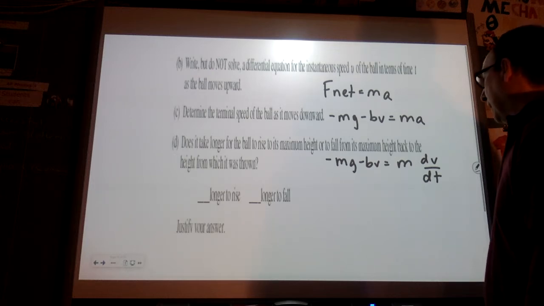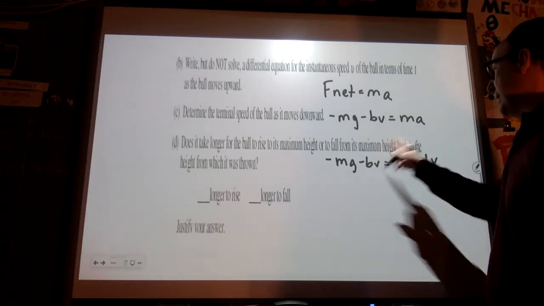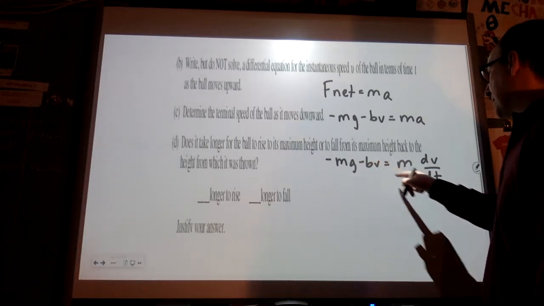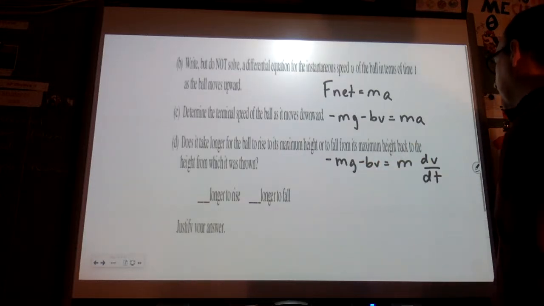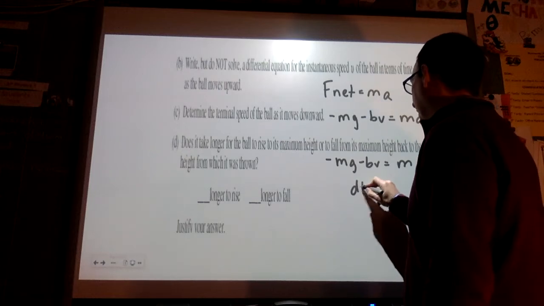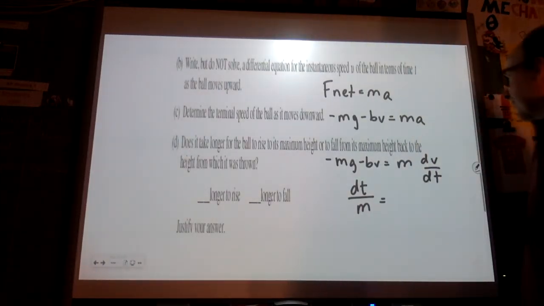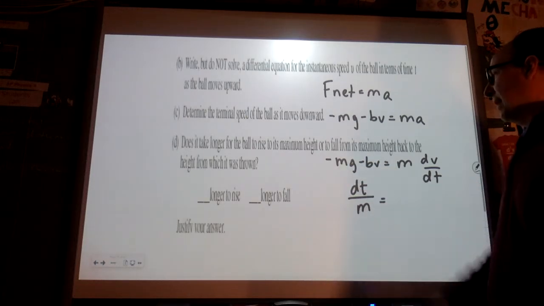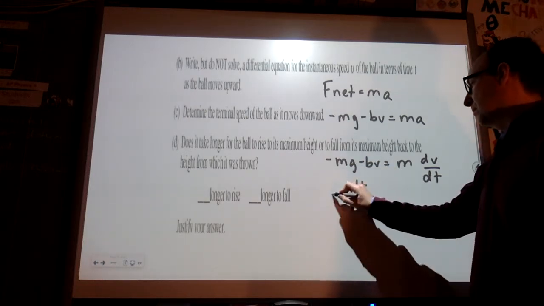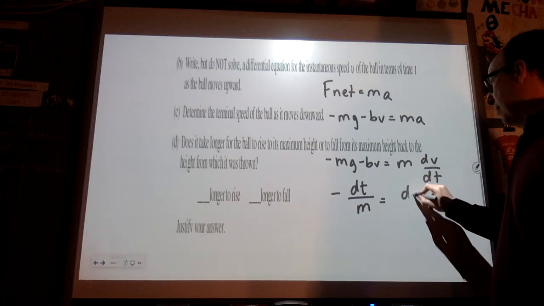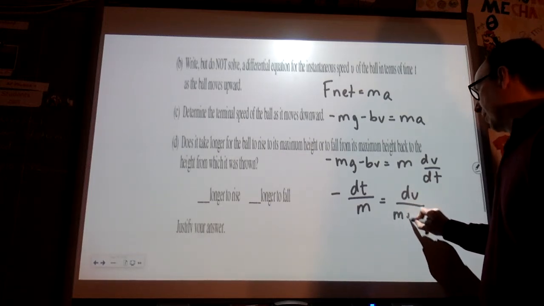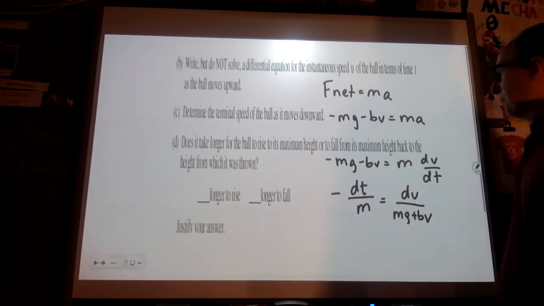And then I need to get dt to one side and my v to the other. So I'll get m to the other side too. So I'll have dt over m. And why don't I take a negative out of here? And then on the other side, I will have dv over mg plus bv.